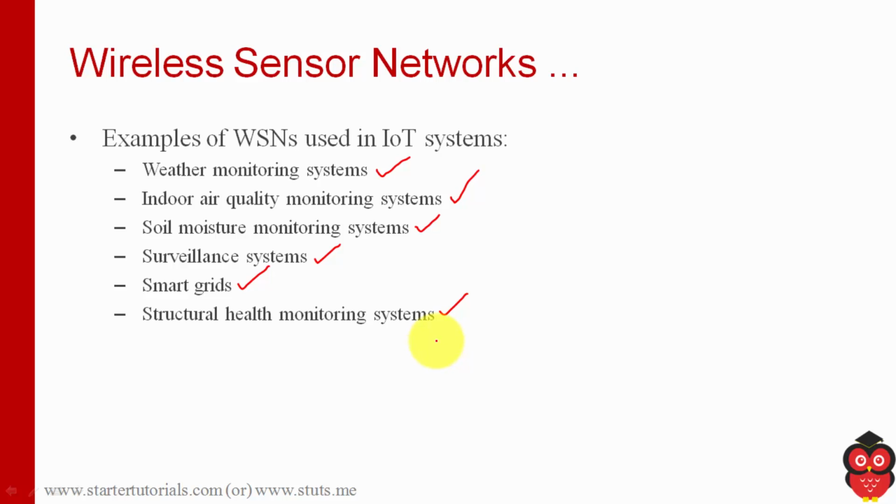Not only these things, these are only some of the examples. Wireless sensor networks can be used in many IoT applications. Whatever IoT application you take, you can use wireless sensor networks in it.